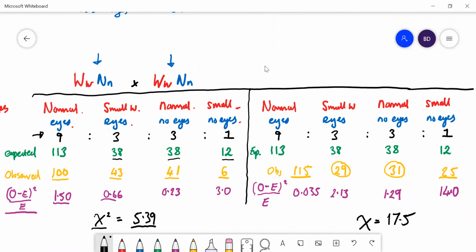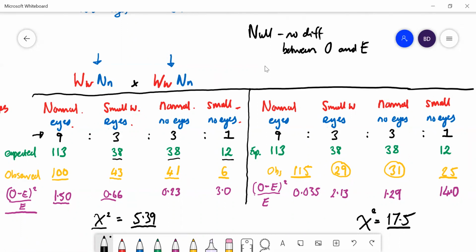Right, now let's have a look at the right value. First of all, you notice your chi-squared value is way bigger there. The results are not fitting into the null hypothesis. The null hypothesis, remember, I'll write it up here. The null says no difference between observed and expected.